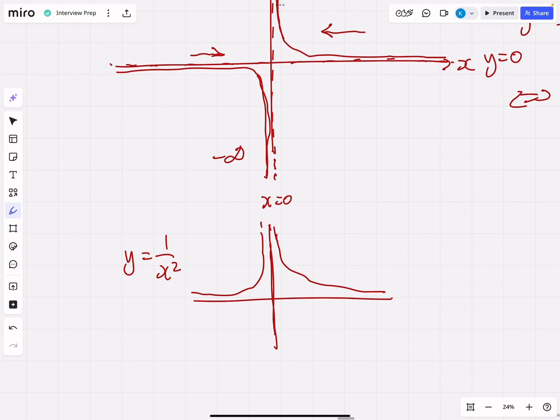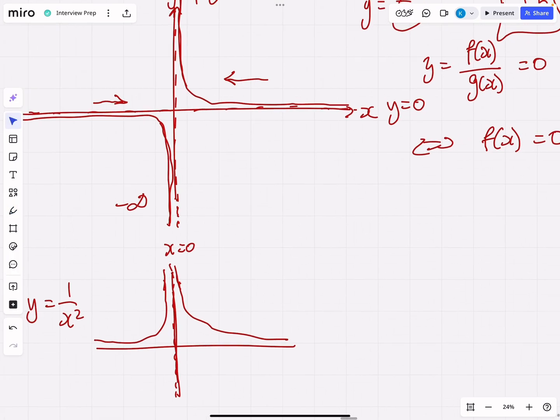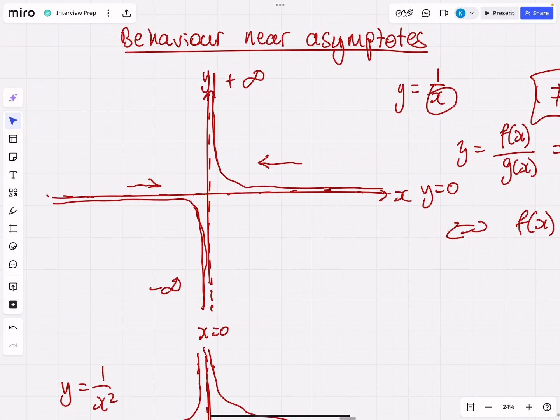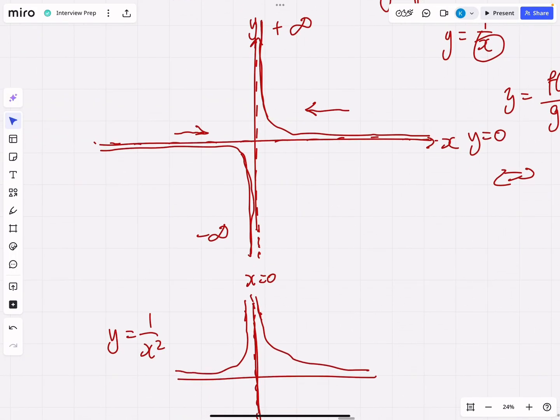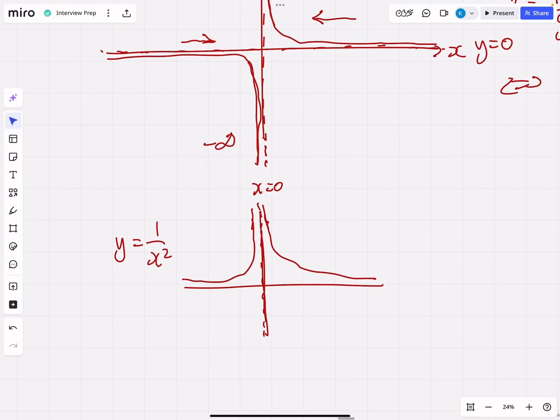This is an example of an even function, which we'll touch on later on. But with our graph of y equals 1 over x, if we approach from the left or from the right, we get different values of our limit.